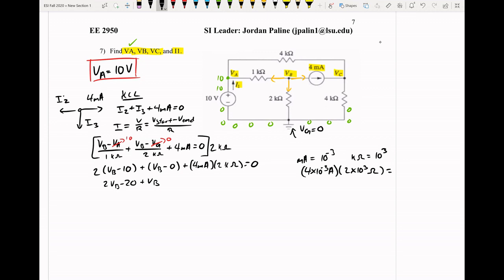That will give us 8 volts. So this will be plus 8, and this will be equal to 0. So if we combine like terms, we'll get 3 V of B is equal to 12. Yeah, negative 20 plus 8 will give us negative 12. Moved over to the other side, so V of B will be equal to 4 volts.